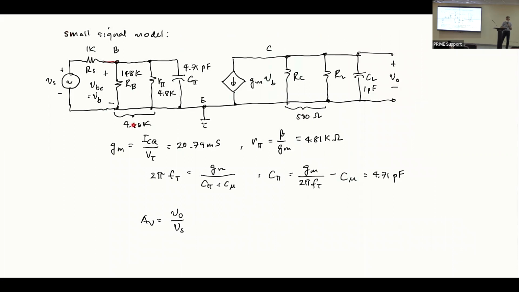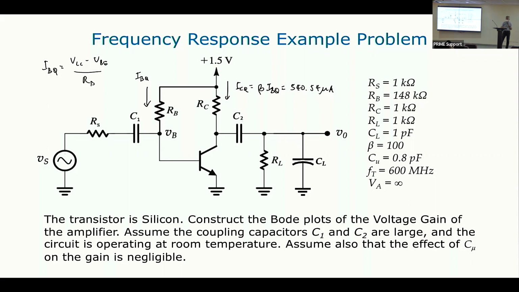On the other hand, R sub C ends up being parallel with R sub L and R sub O. But R sub O is equal to infinity because my early voltage is equal to infinity, therefore R sub O is equal to infinity. Remember that this is equivalent to a short circuit.